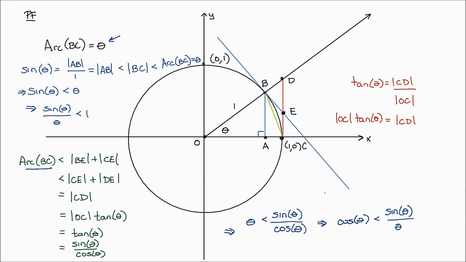The bound is as follows. Let me write it down on a new sheet of paper here. We know that the cosine of theta is less than sine of theta over theta, but sine of theta over theta is less than 1. So we have a function that bounds our ratio from below and a function that bounds our ratio from above.